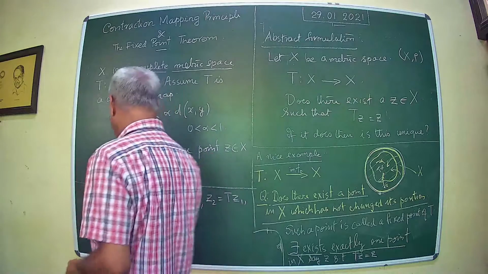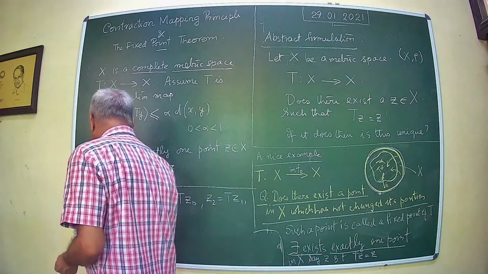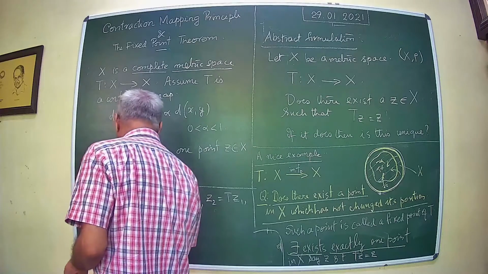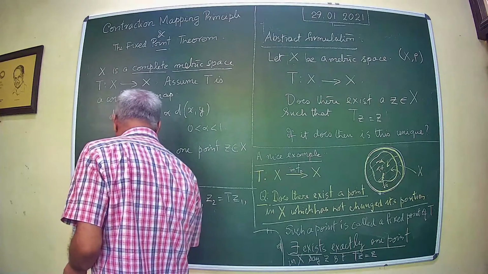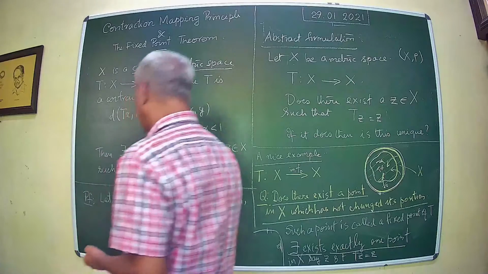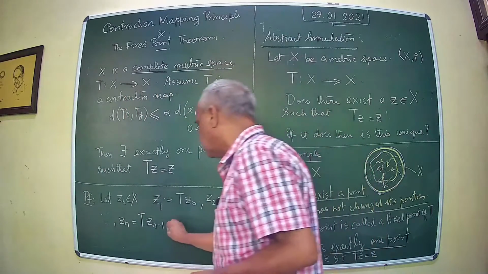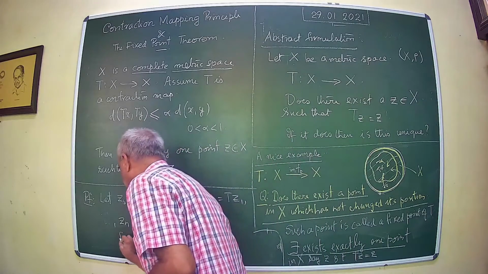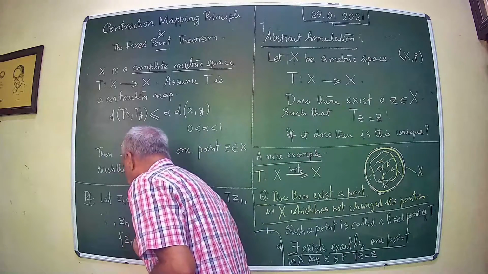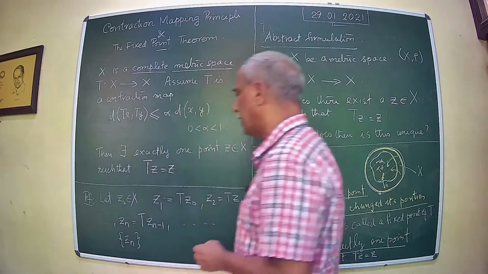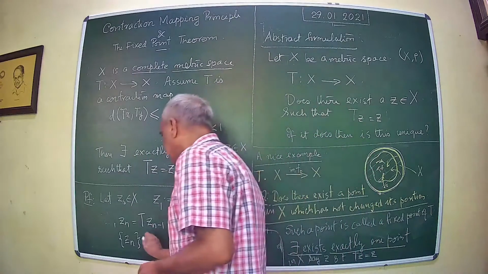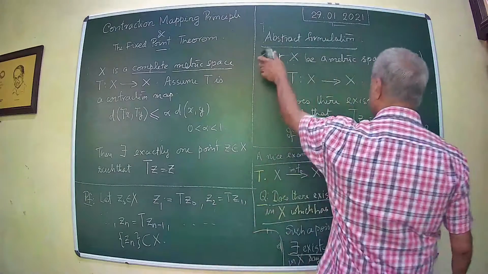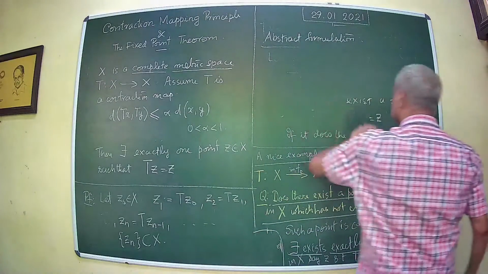And so on. You define zn as T of zn minus 1, and so on. So what you produce is a sequence of points zn in the particular X. Pictorially it is this.